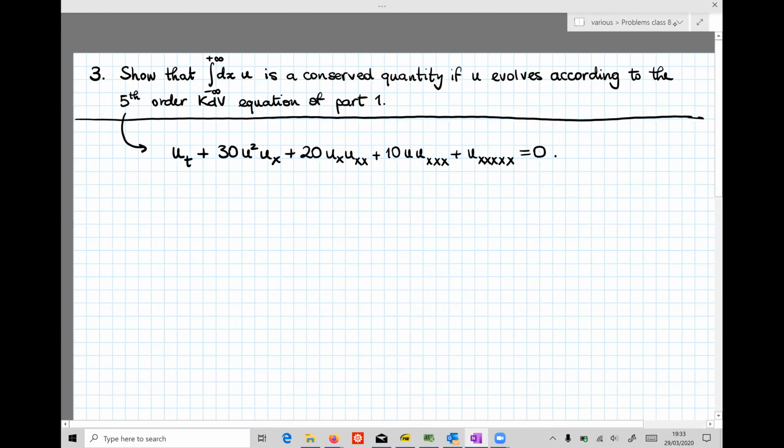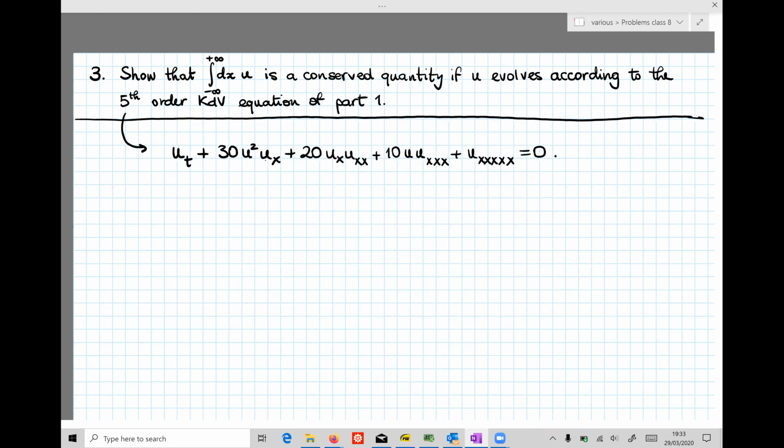So you would compute the partial derivatives. Now the charge density would be u, and you would like to determine a continuity equation for an appropriate current J.